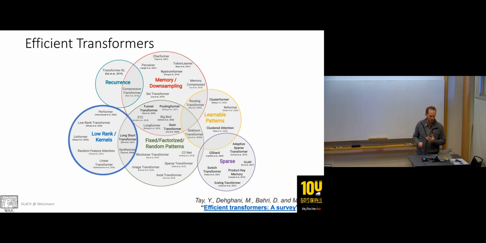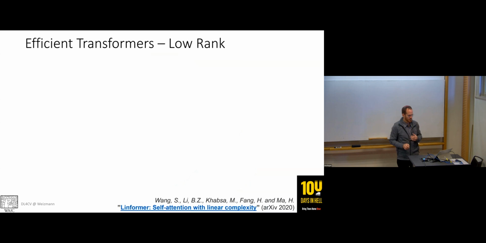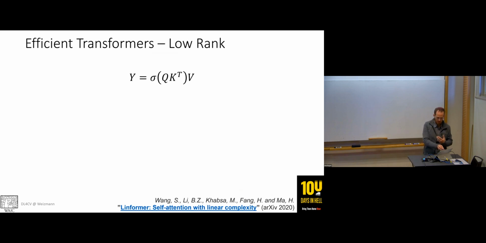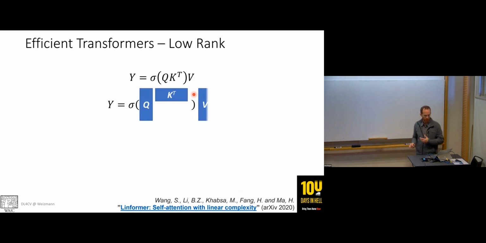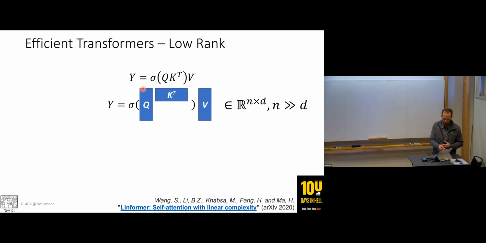We can also think about other structures in the attention matrix, like low rank. The attention head computes a softmax of the query times the keys times values. If n, the number of tokens, is smaller than the dimension, then this matrix multiplication is of low rank.